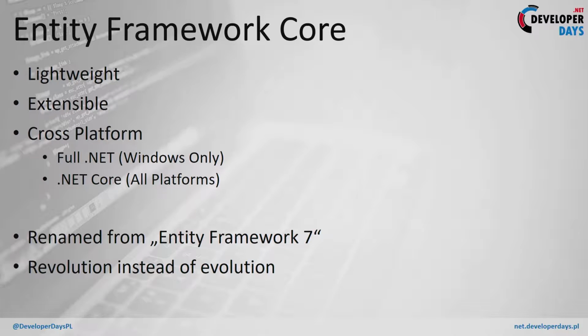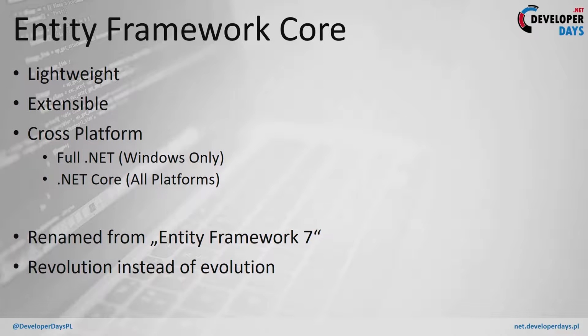Maybe if you were watching what the Entity Framework team does, originally this name should have been Entity Framework 7, but then since they also had to rename .NET Core, they created the name Entity Framework Core. So it's not number 7, because it's not an evolution from version 6, it's a revolution.